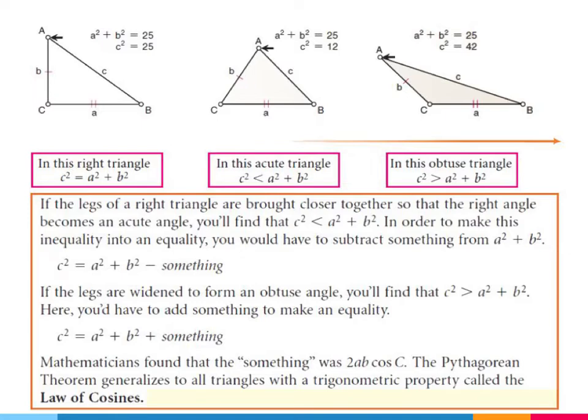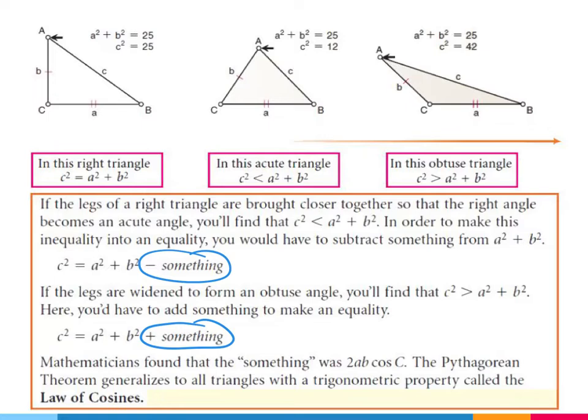So then they were curious, what could they find that would make it work in all three types of triangles? And as they were looking, they figured out that c squared was equal to a squared plus b squared minus something, sometimes. And other times, c squared equals a squared plus b squared plus something.